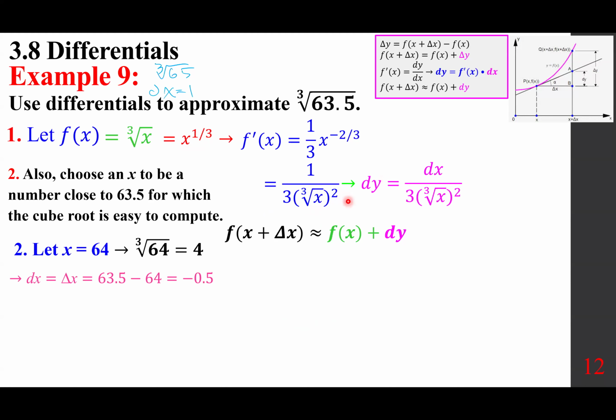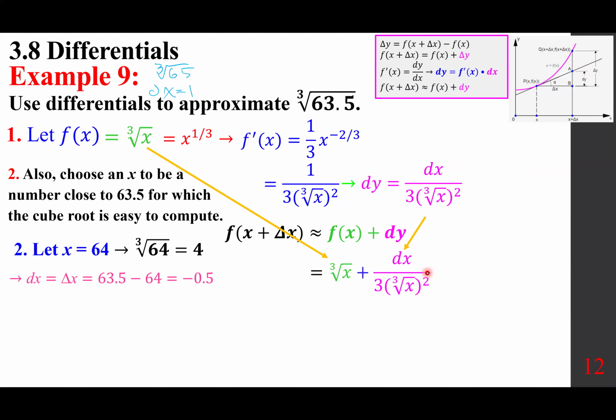So when you multiply this by dx, you can put it in the numerator. 1 times dx is dx. So now we are going to write that this piece comes from this cube root of x, and this comes from here. And we are ready to plug in.